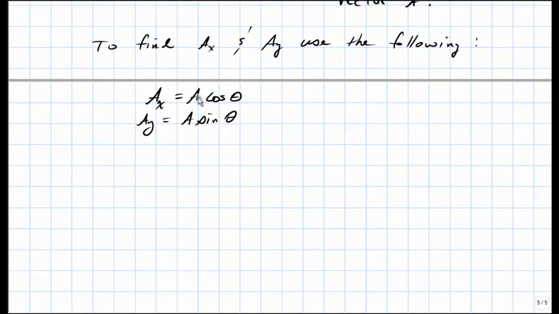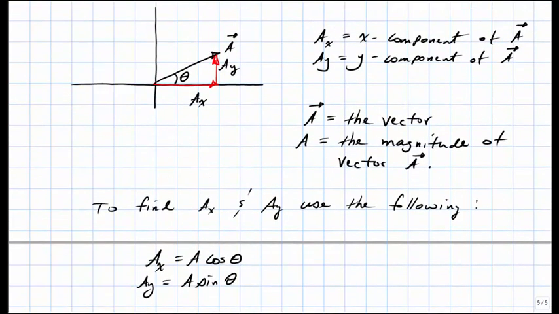And remember, the letter A without the arrow just signifies the magnitude of vector A. There's one other relationship that we noted earlier in our trigonometry review, and that is A, by the way, A is the length of the hypotenuse of this triangle.